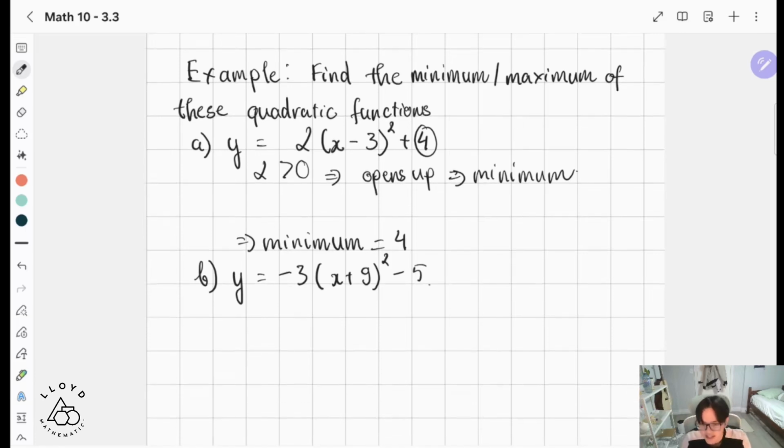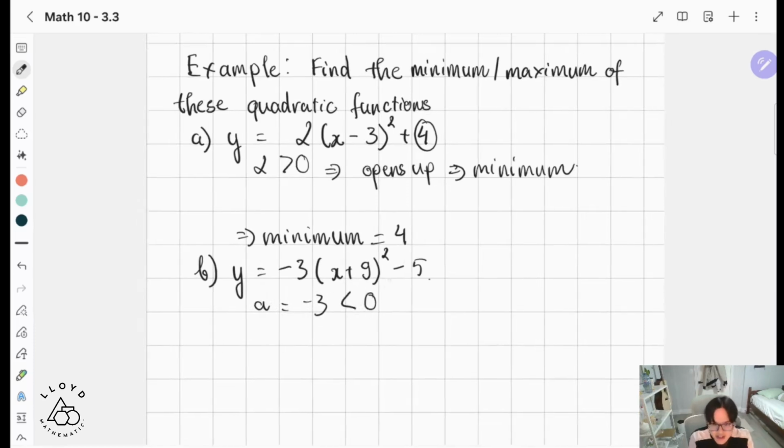And for example B, we just do the same method, which is 2 steps. Step 1 is whether a is less or higher than 0. And the second step is to calculate the maximum or minimum. So here, a is minus 3, right? We can see that it's less than 0, so it will open down like this.